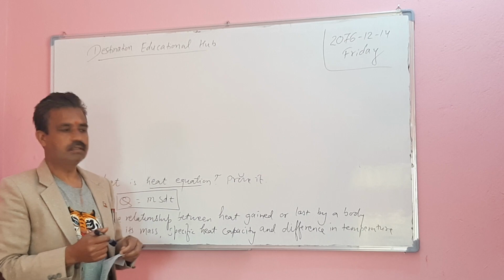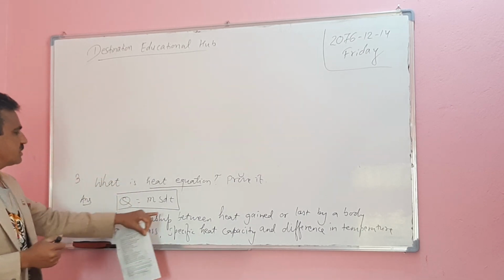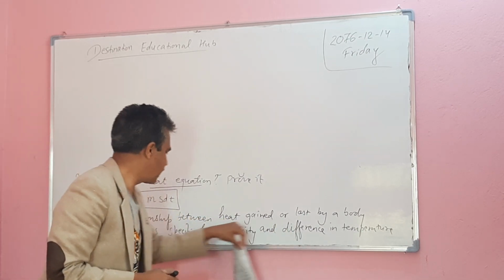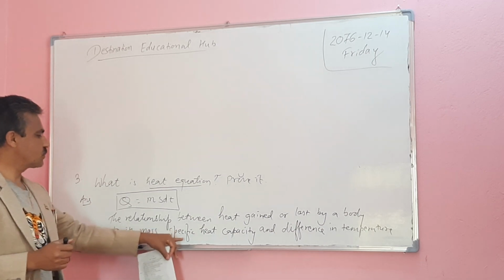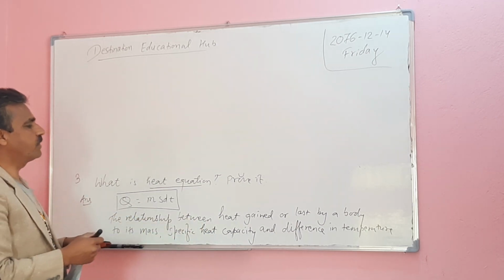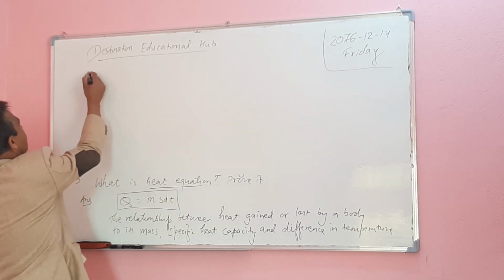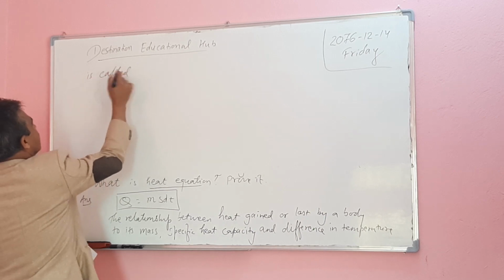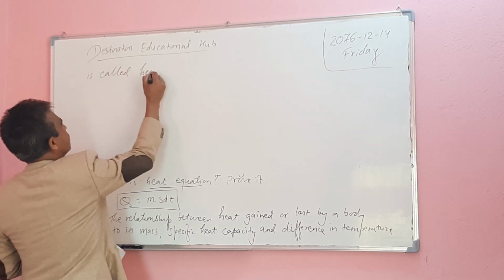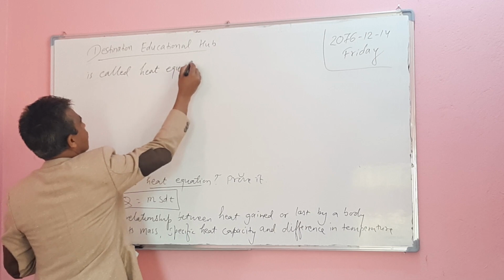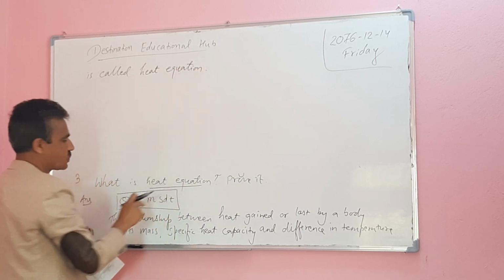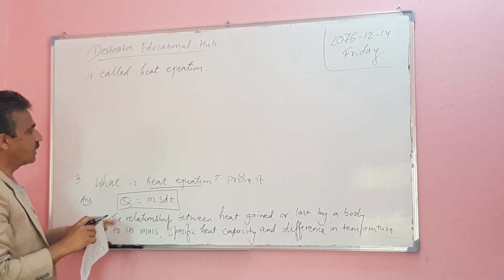The relationship between heat gained or lost by a body to its mass, specific heat capacity and difference in temperature is called the heat equation. Simply, you have to write Q equals m s dt, that is the heat equation. Now the next part is prove it.